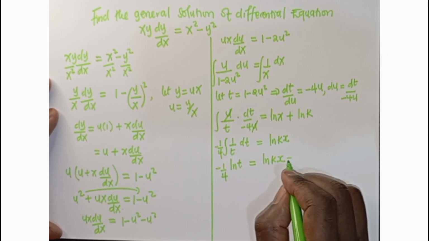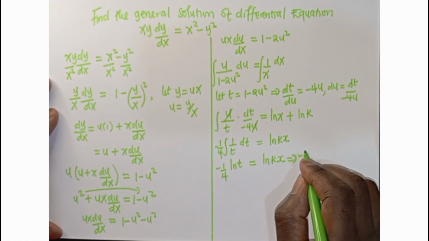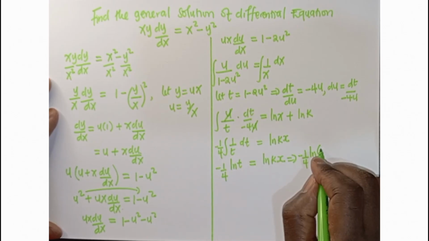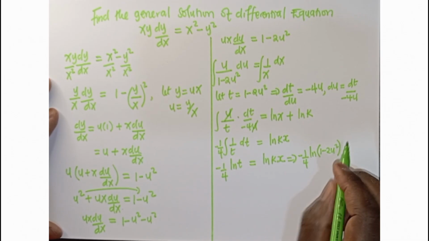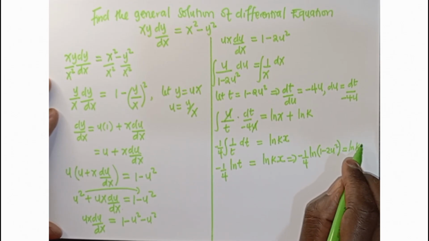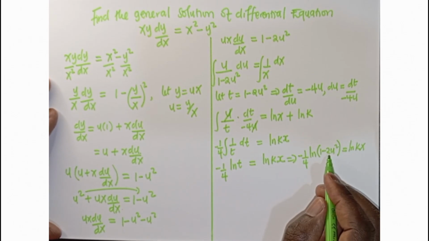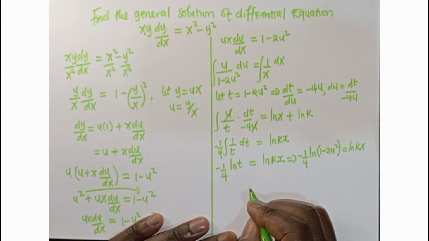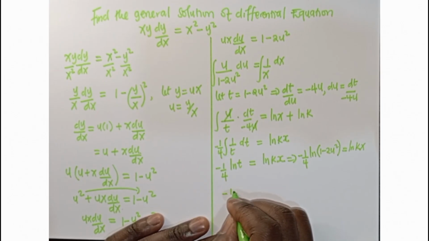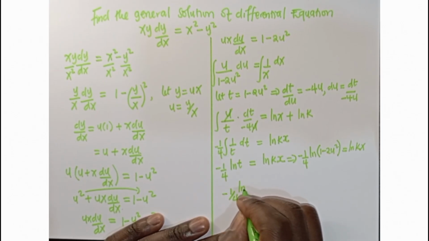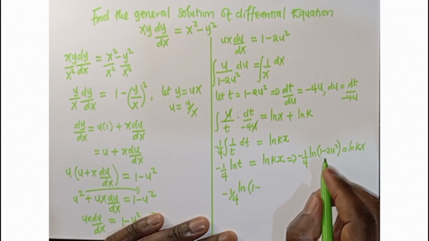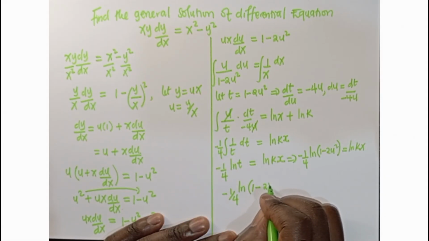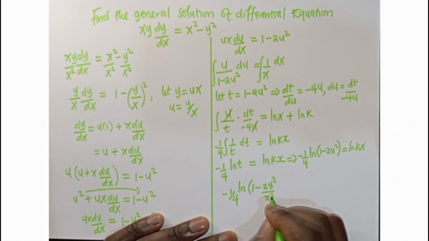So putting back, we have negative 1 out of 4 ln of our t. Our t was 1 minus 2u squared, which is equal to ln of kx. Now we can put back u. When we put back u, we shall have negative 1 out of 4 ln of 1 minus 2y squared out of x squared is equal to ln kx, where u is y out of x.